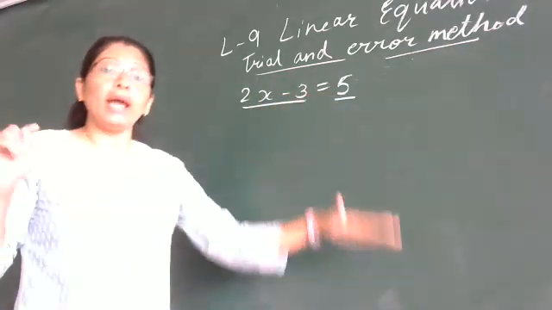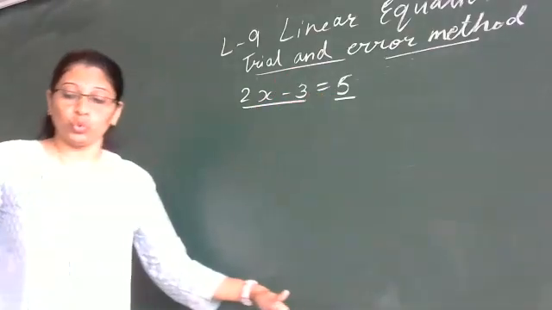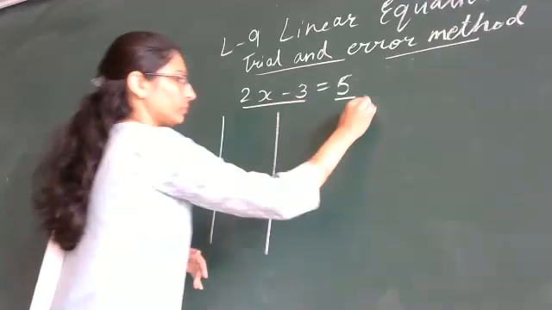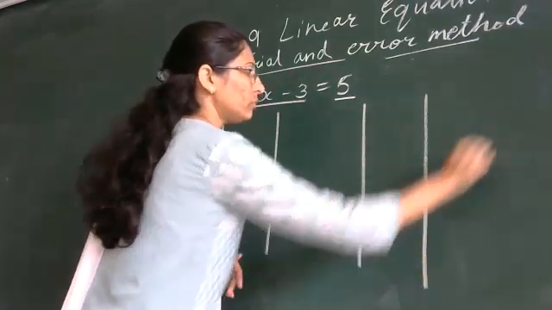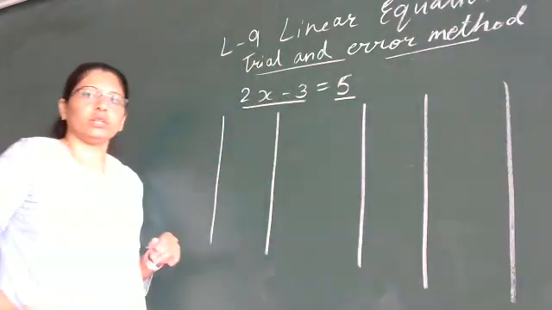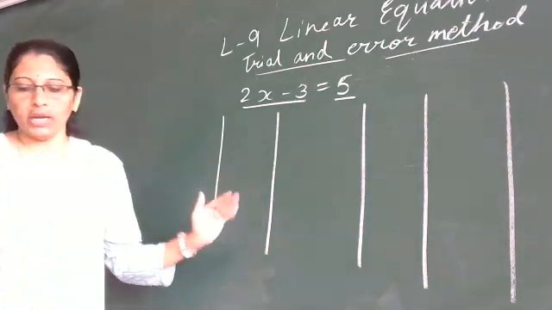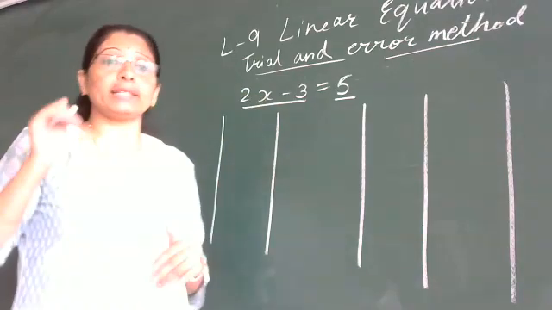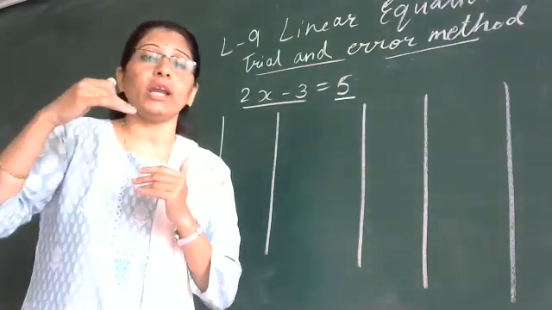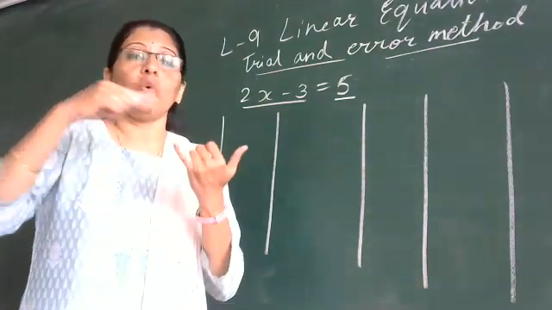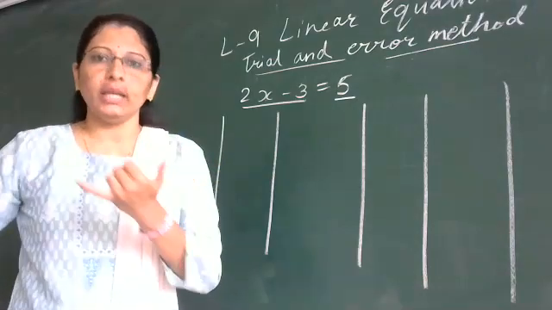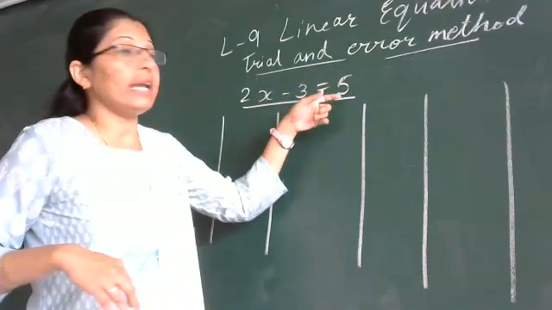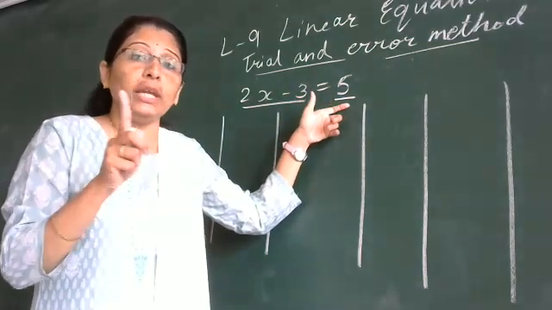So in the trial and error method, what we have to do? We have to make columns, and in the columns we have to put the value of x. We have to start putting the values of x, the natural numbers 1, 2, 3, 4, like that, till we get both equal.